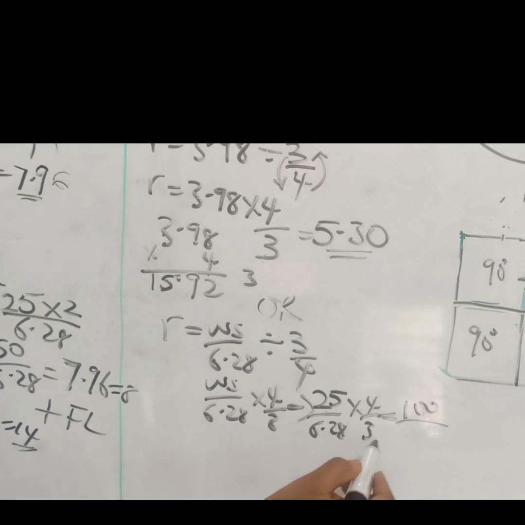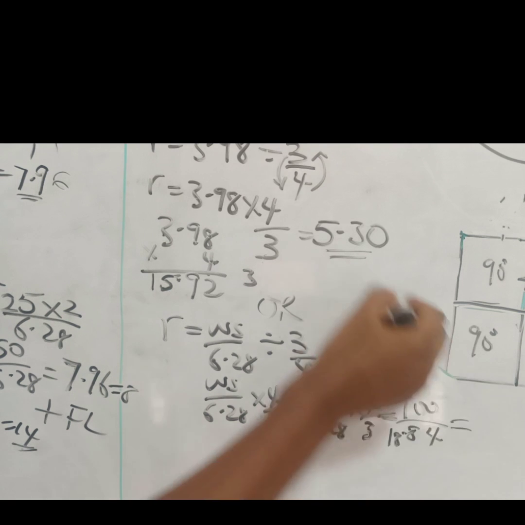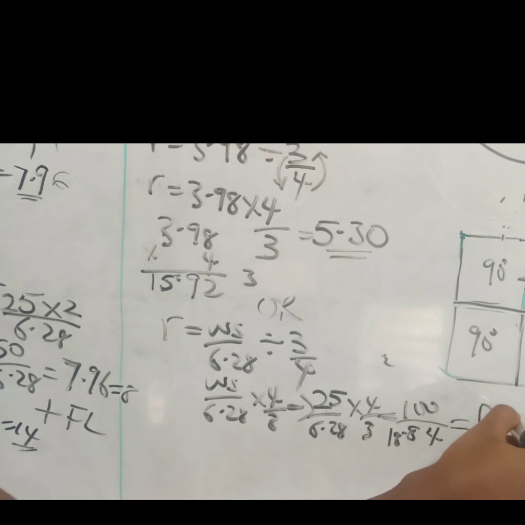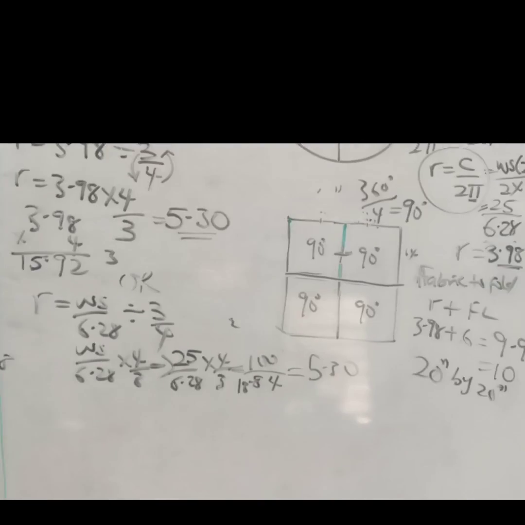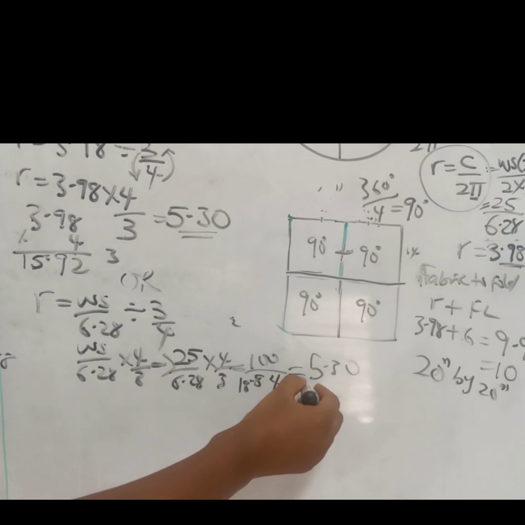Multiply this. 3 times 8, 24, carry 2. 3 times 2, 6, plus 2, 8. 3 times 6, 18. So you have 100 divided by 18.84, and by the time you divide that, you are going to have 5.30.